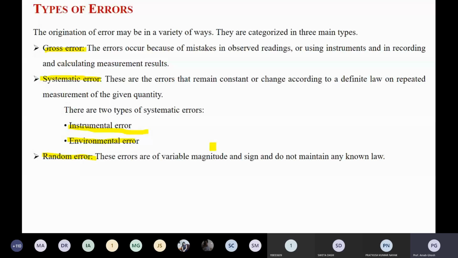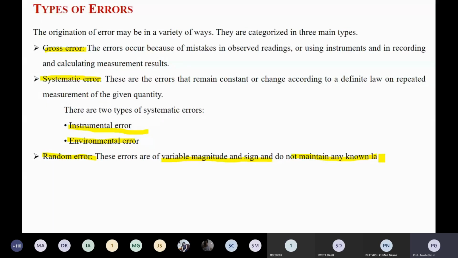Random error also exists. That error has variable magnitude and sign that do not follow a known law. I have already told you that for positive or negative error, you have to find the standard value. If you consider AM minus A, the measured value minus the actual value, as the error, then the error is positive. You have to maintain that standard throughout your calculation.